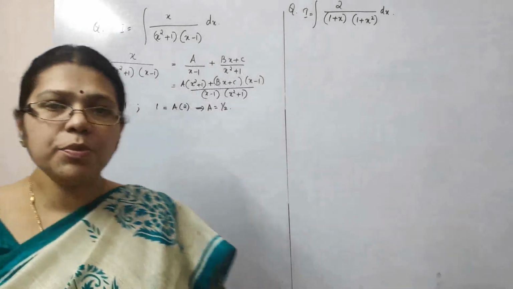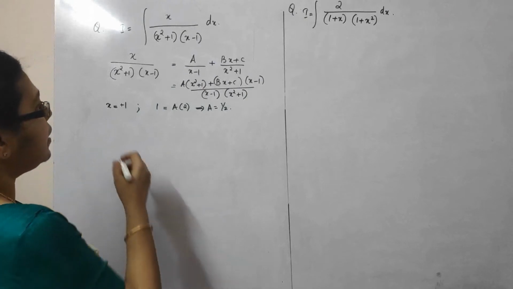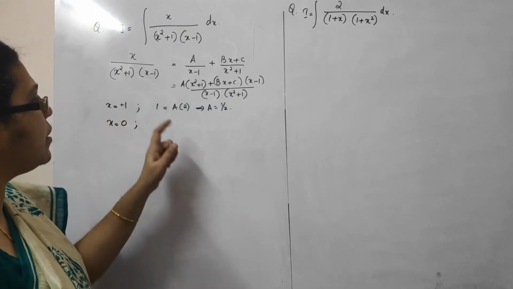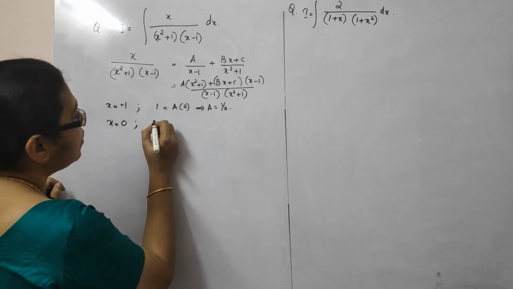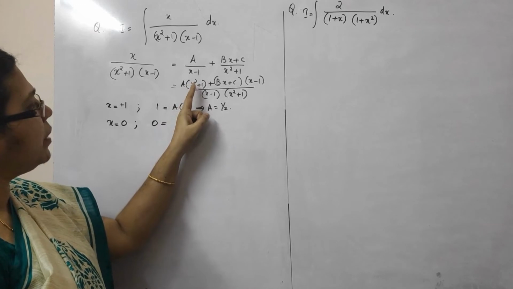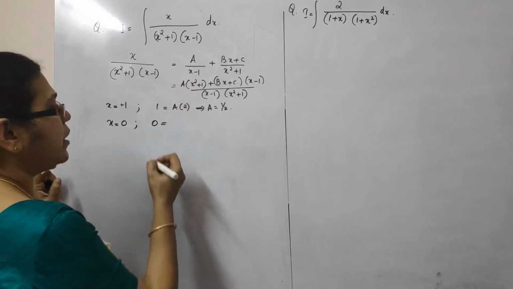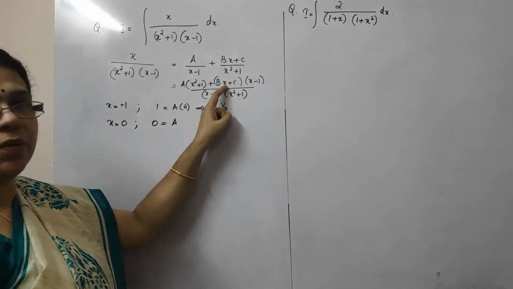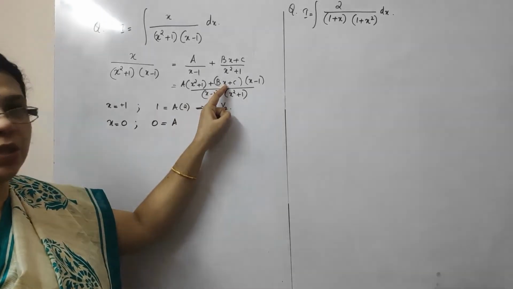Now, I substitute x is equal to 0. Okay? So 0 is equal to, now see, this is becoming 0 plus 1, that is 1, into A. When I substitute 0, what will happen? B into 0 is now 0.